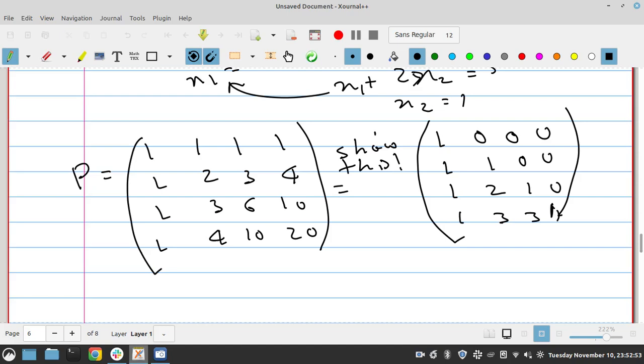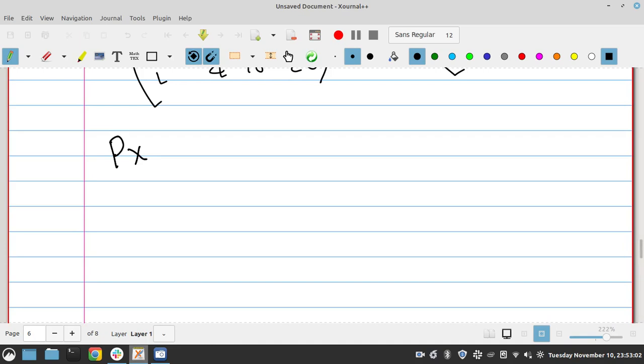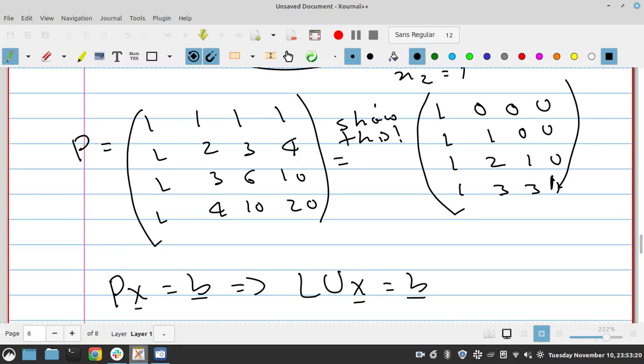Now I want to solve Px equals V. So of course the first thing I do is write this as LUx equals V. Sorry, this is not my U, this is my L. L times some U, where U is the upper triangular matrix, and that is your row echelon form.